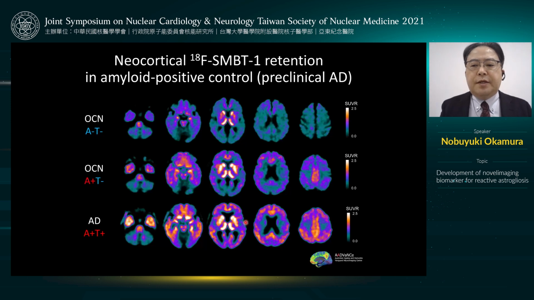Here we present the SMBT1 PET images in an amyloid negative, tau negative control, an amyloid positive, tau negative preclinical AD case, and an amyloid positive, tau positive AD dementia case. So you can see greater tracer signals in the neocortex of the amyloid positive, tau negative control than in the amyloid and tau negative control cases.